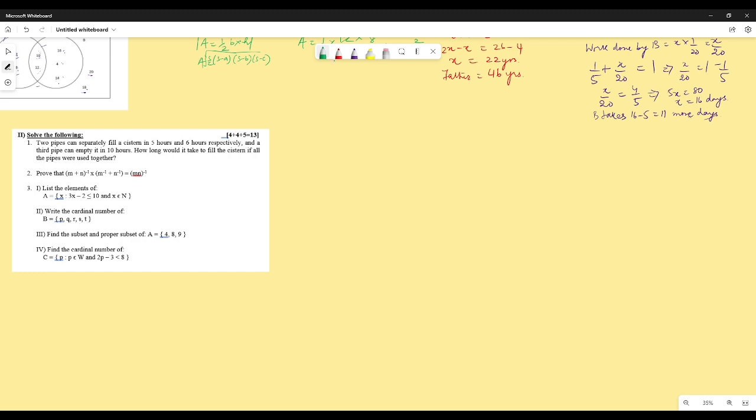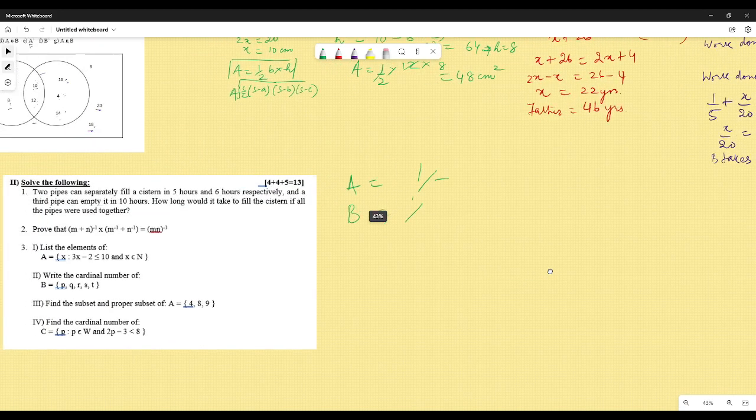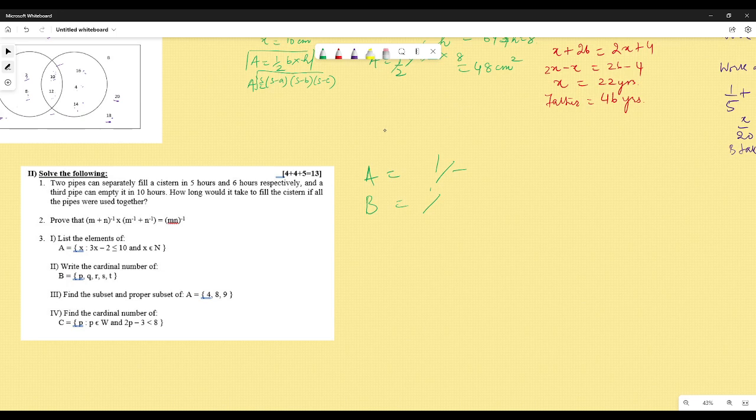So let us see that there are two pipes in all, pipe A and pipe B. The work rate of pipe A is 1 by 5 and the work rate of pipe B is 1 by 6.